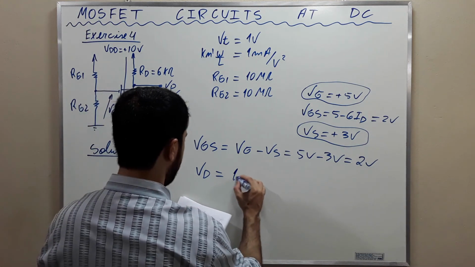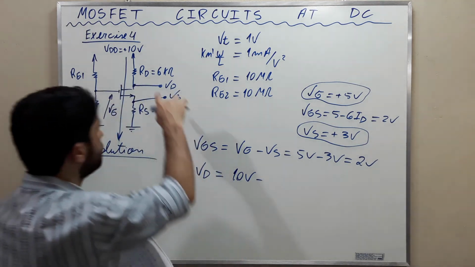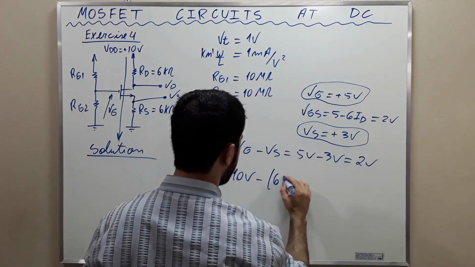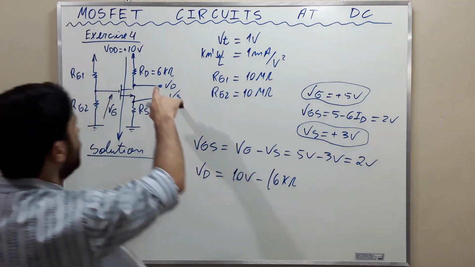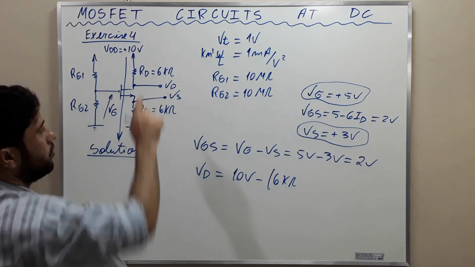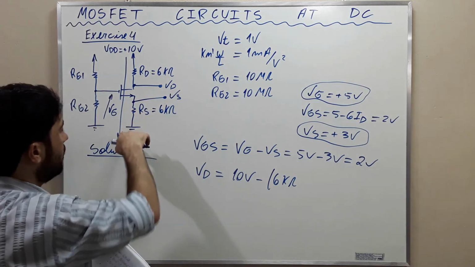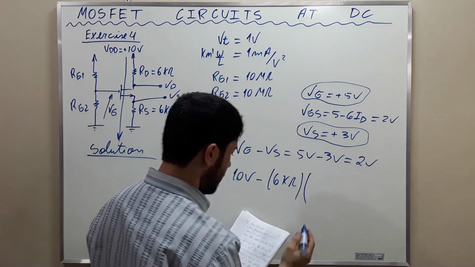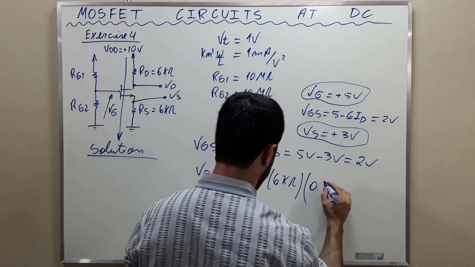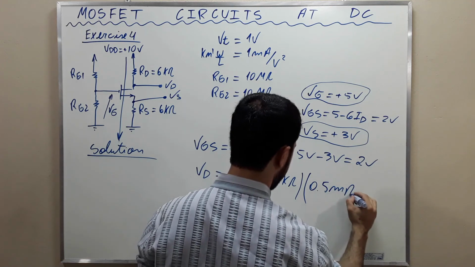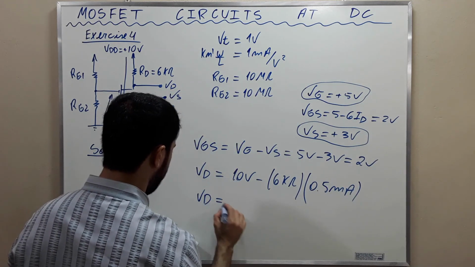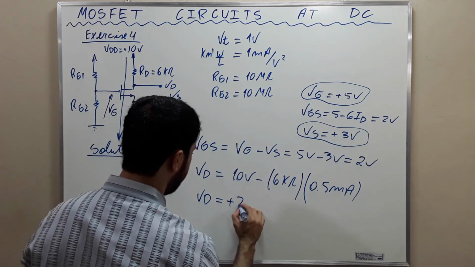So Vd is 10 volts minus the voltage drop on this resistor, which is 6 kilo ohms, the resistance of the resistor. If we multiply by the current, we get the voltage drop. And then we find that Vd is equal to positive 7 volts.